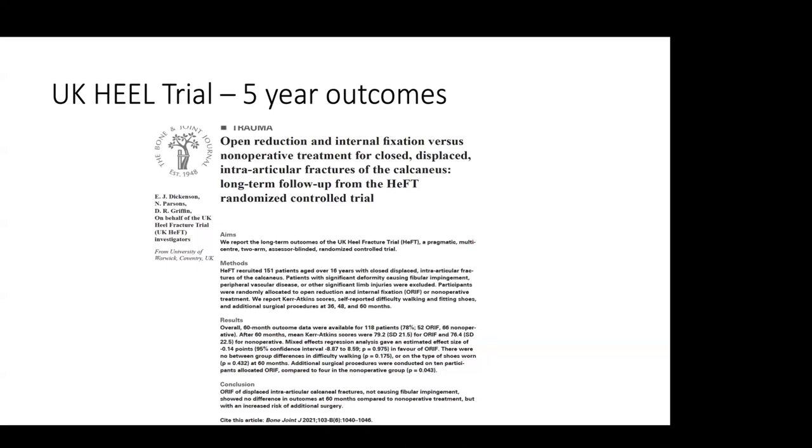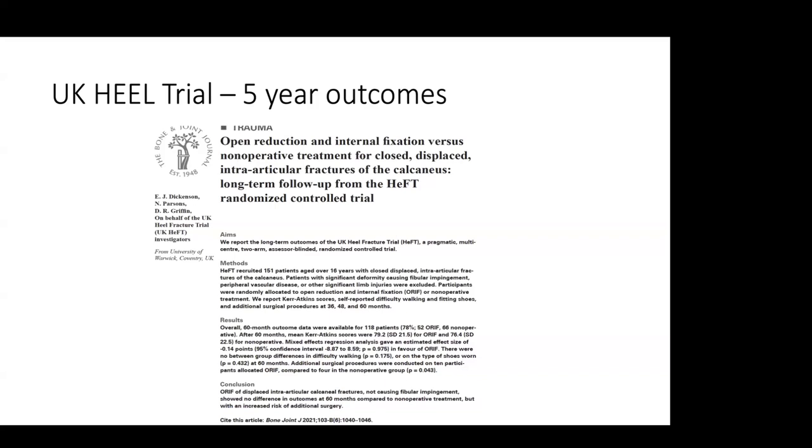And they had a good assessment tool. They used the Kerr-Atkins score, which relies on clinician assessment, and they used as well self-reported difficulty walking, which is a PROM, patient-reported outcome measure, and fitting the shoes. And they included additional surgical procedure, which is an endpoint, an event to the outcome later on.